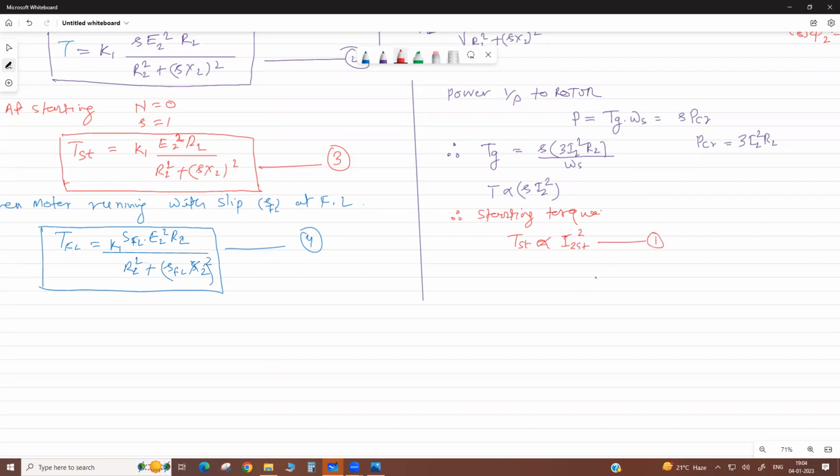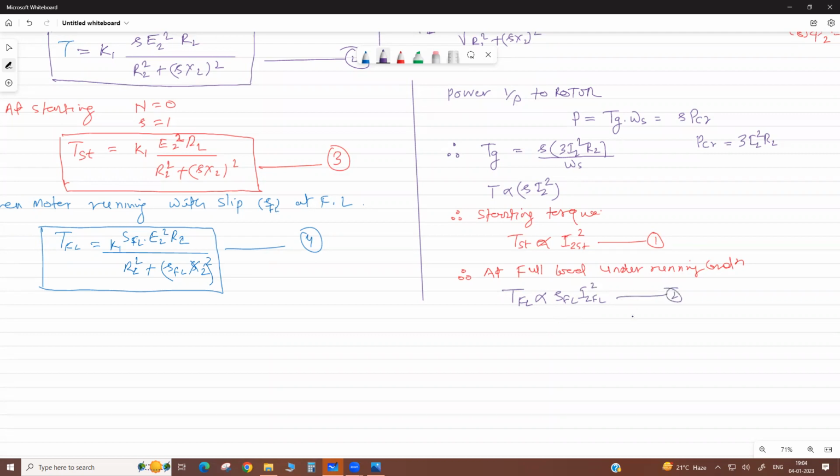And under running condition, at full load, T at full load, TFL, is proportional to the full load slip we take here. And what is the rotor current at full load?